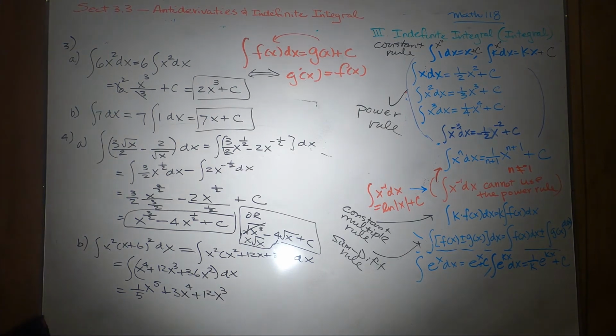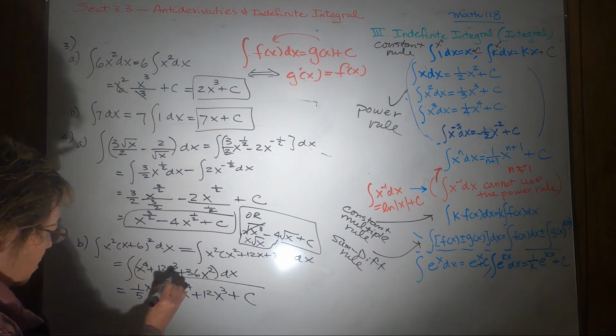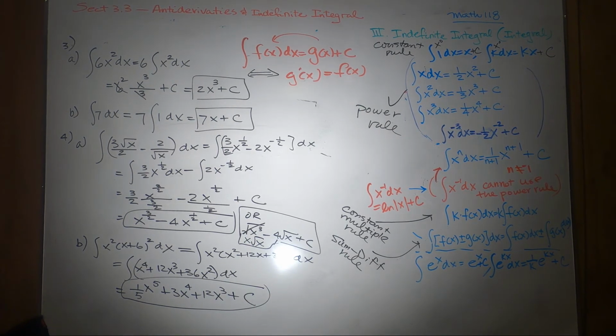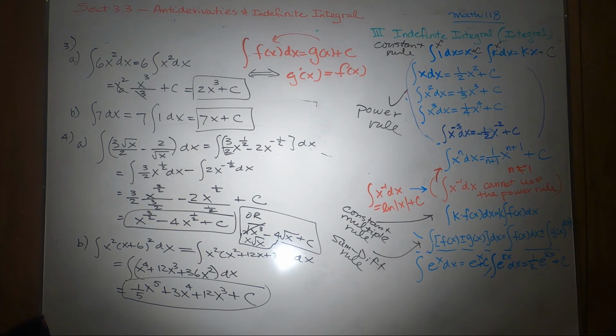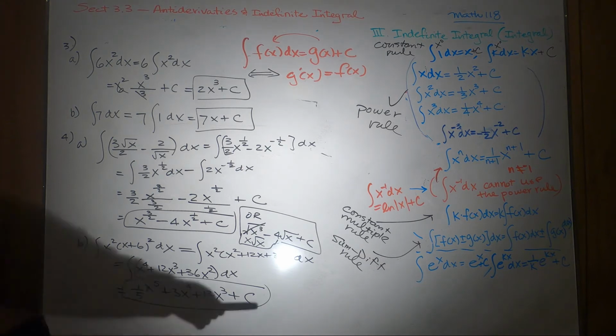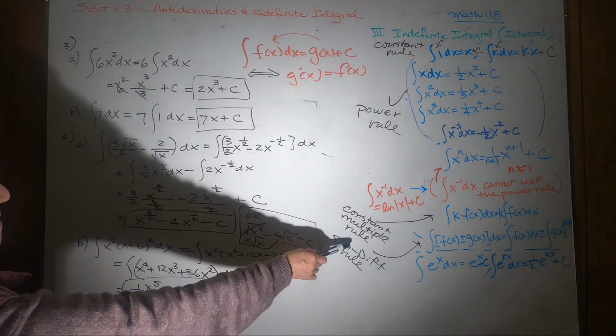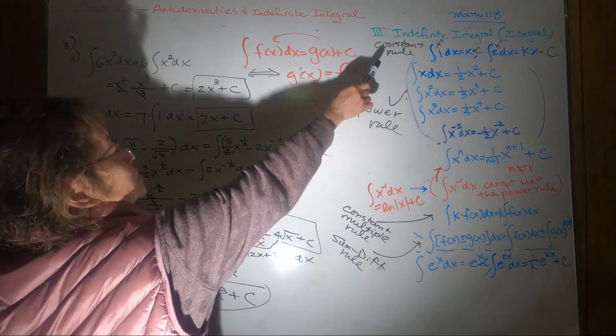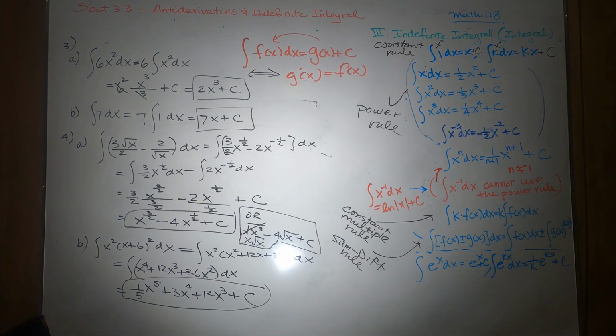Then at the end, don't forget your arbitrary constant. For the indefinite integral, we need to do that. So what did we just practice? We practiced the sum and difference rule, the constant multiple rule, the power rule, and also the constant rule as well.